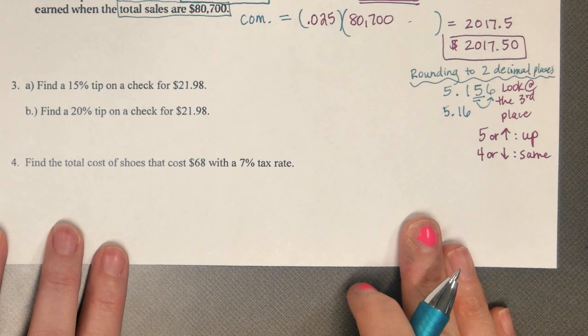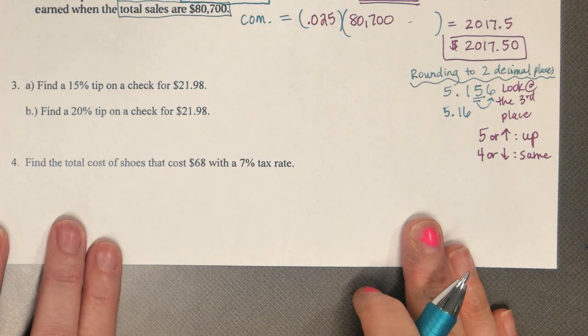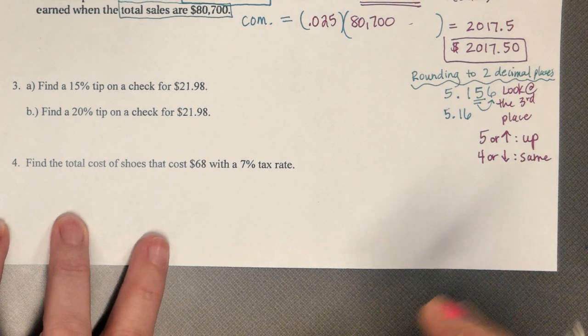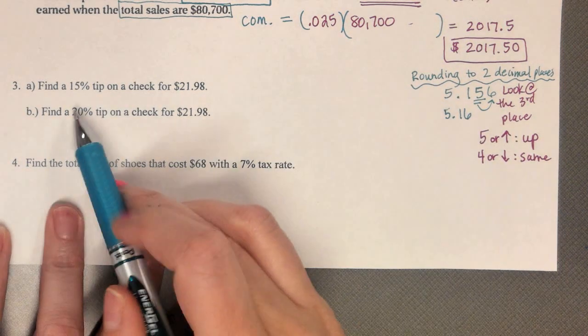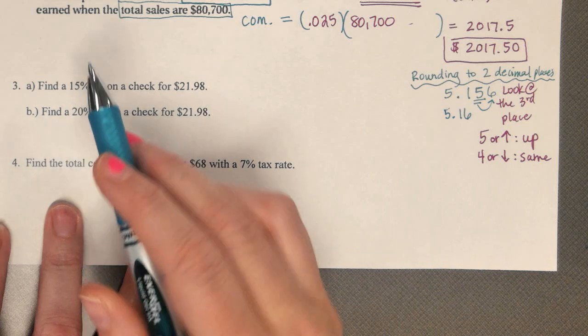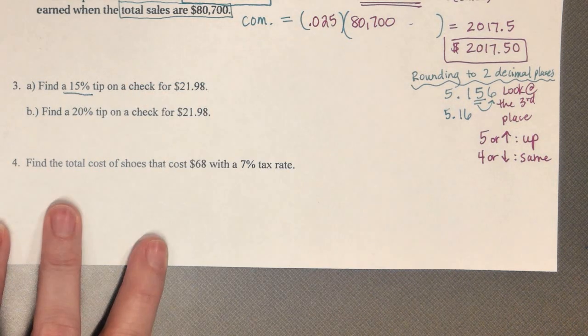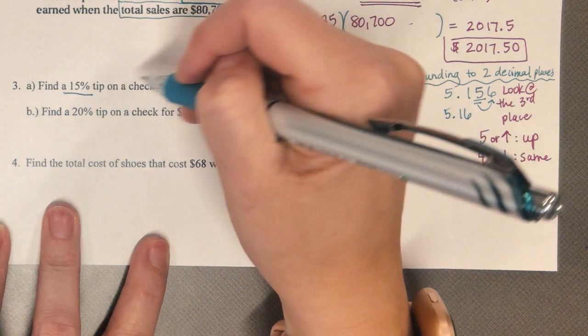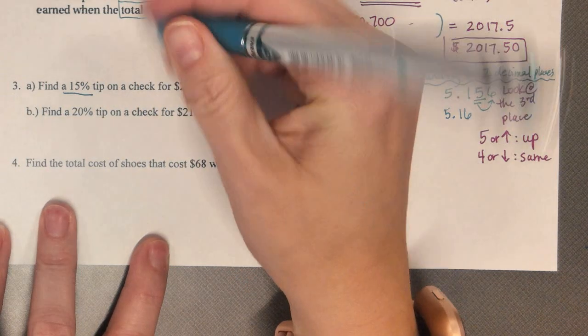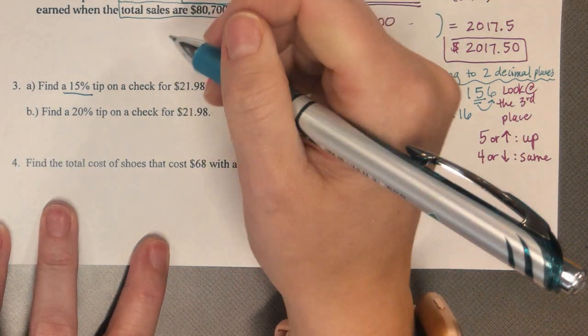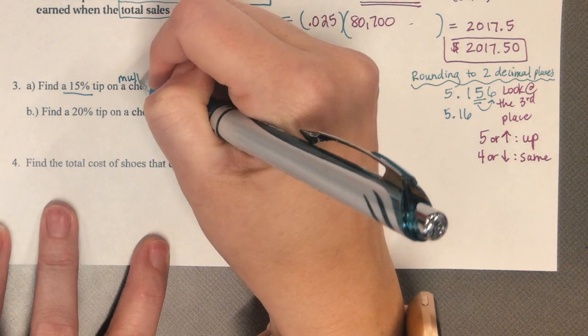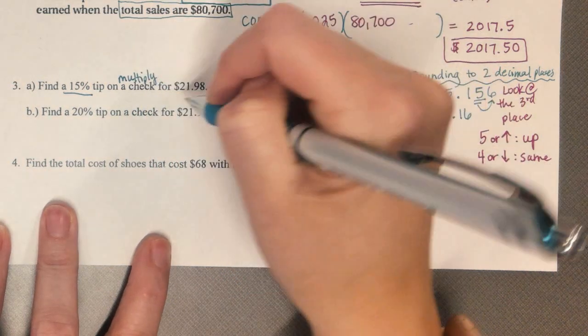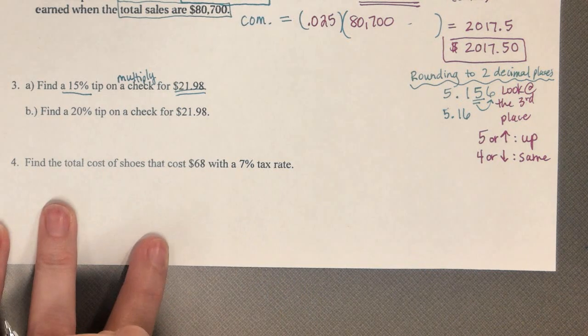So if you're finding a 15% tip on a check for $21.98, again, what you're going to do is write that as a decimal. And anytime you're finding the percent on a check, you are going to multiply it by the money.